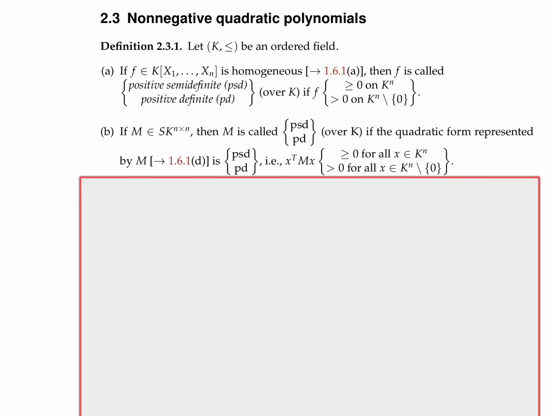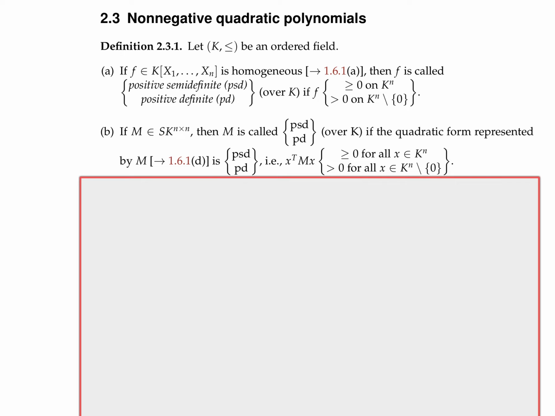That's probably something you know, at least for the case where K is the real numbers, and you should know this definition from your linear algebra course. Now we have it here for an arbitrary ordered field, and it's exactly the same definition, right? But note that being symmetric is part of the definition. So if a matrix is PSD, we require it to be symmetric, okay? This is something that students often forget.